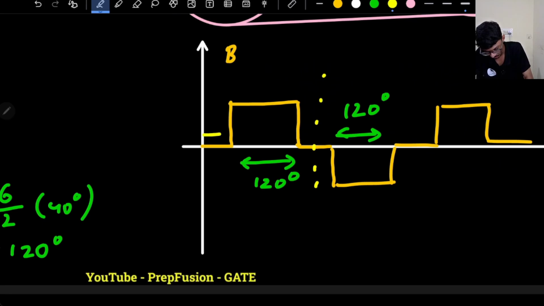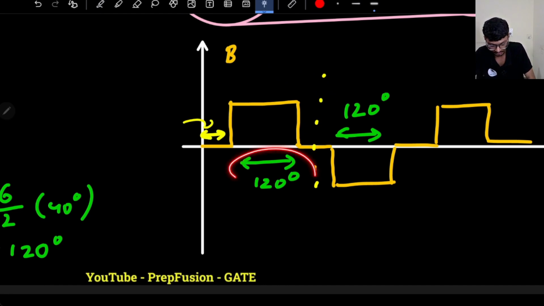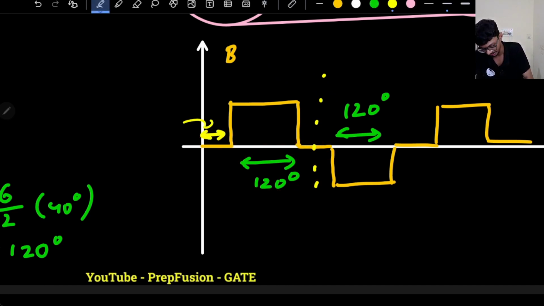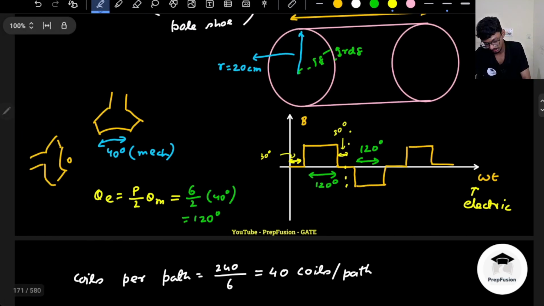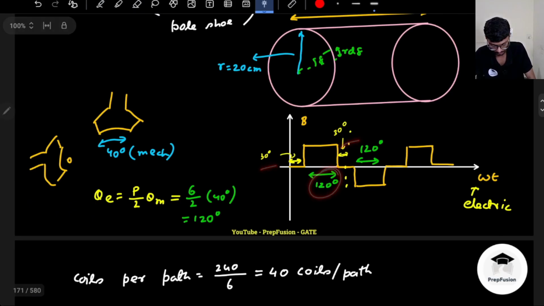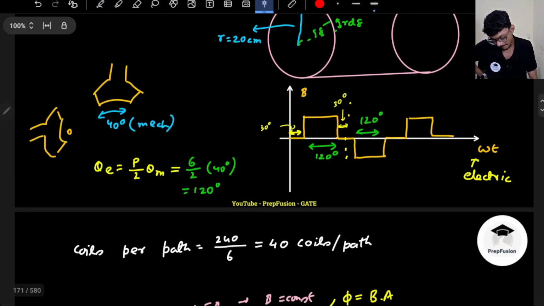So this will be 30 and this will also be 30, correct? Because out of 180 I am covering 120, so 60 is left, so 30 is covered on the left hand side and 30 on the right hand side. So this is 30 degrees, this is 30 degrees, and this is 120.